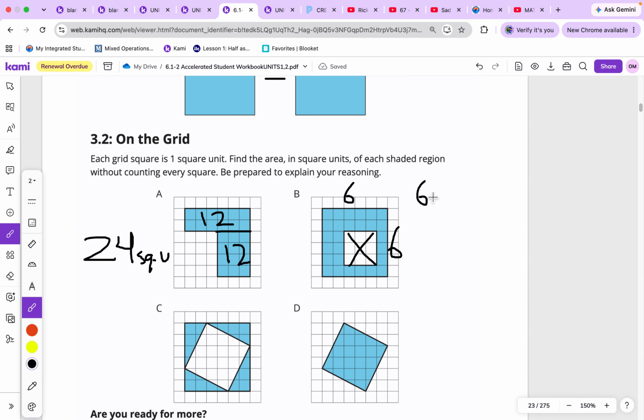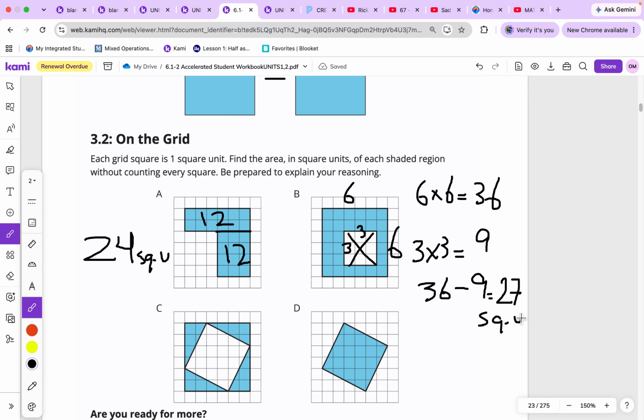So 6 times 6 is 36. And then the little white square looks like it's a 3 by 3. So 3 times 3 is 9. So I can do 36 minus 9 and get 27. So 27 square units, because I'm counting squares.